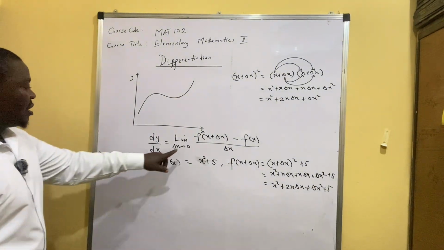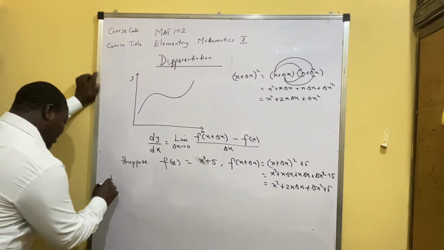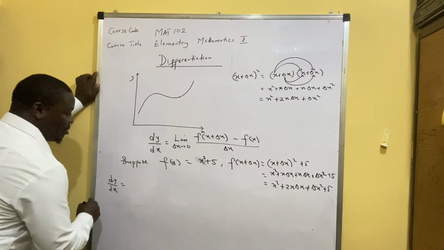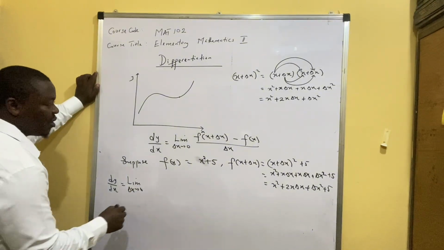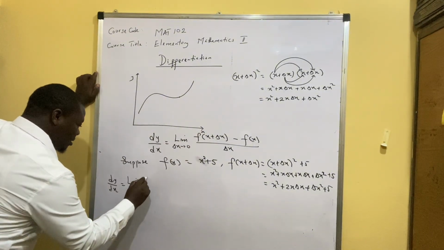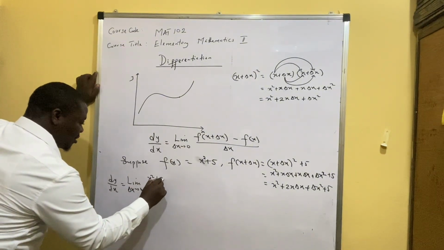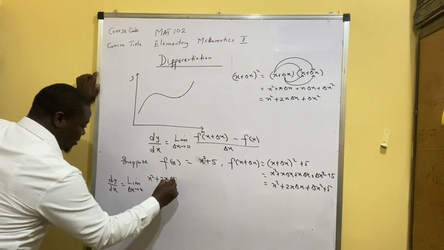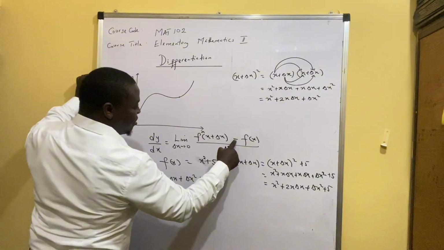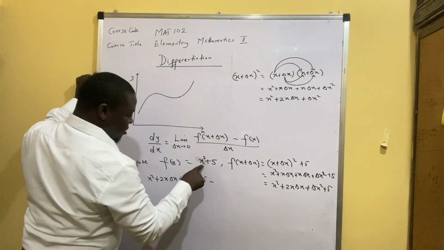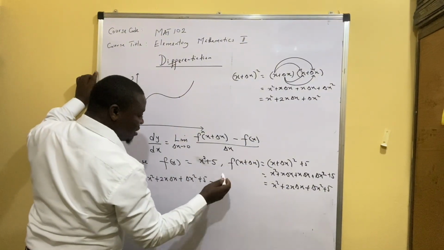Okay, so now we can substitute into this formula that dy/dx is equal to the limit as change in x tends to 0 of the value of this, which is now x squared plus 2x change in x, right, plus change in x squared plus 5 minus x squared plus 5, right, in a bracket.